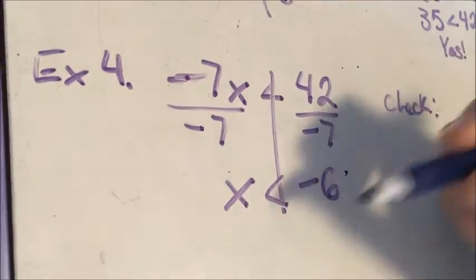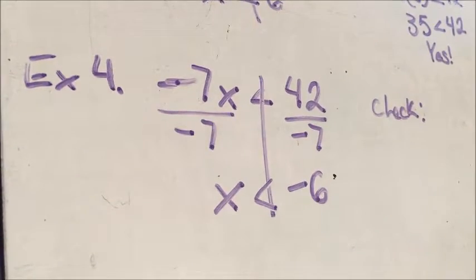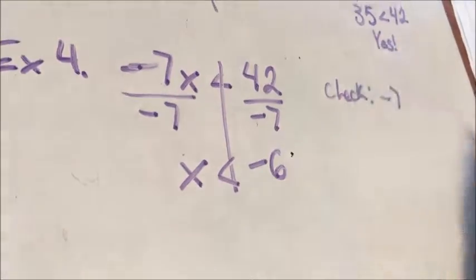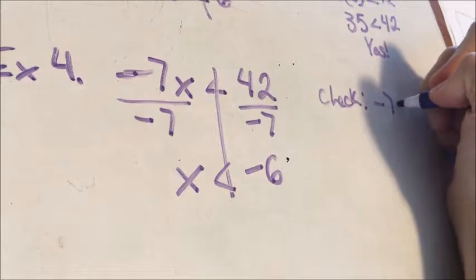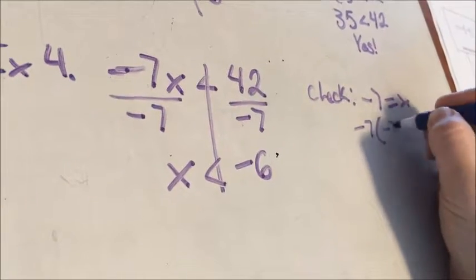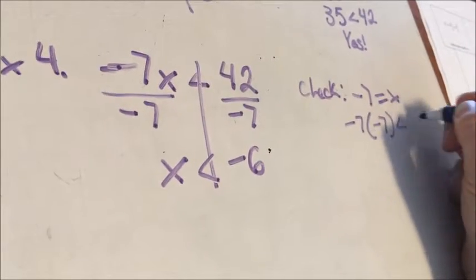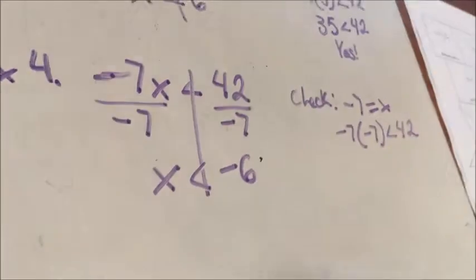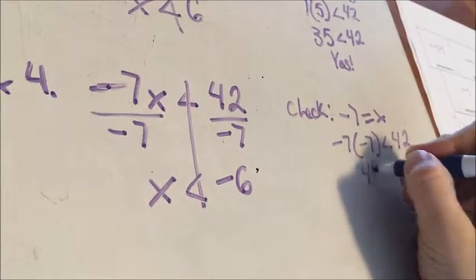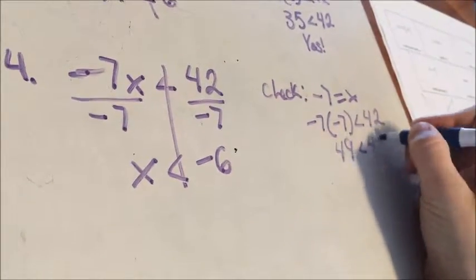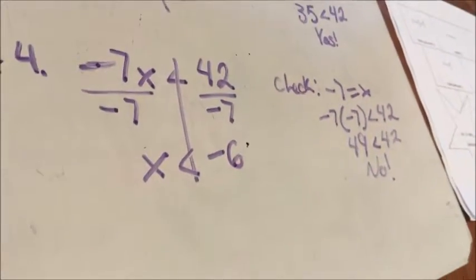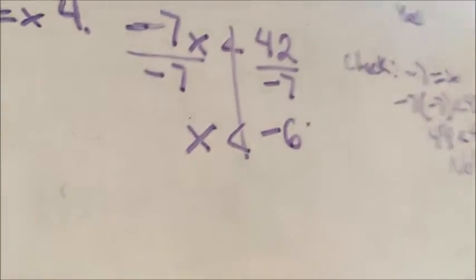I need a number that's smaller than negative 6, so negative 7. So I'm going to do negative 7 times negative 7. Should be less than 42, according to this inequality here. But I get 49 is less than 42. Is that correct? No.